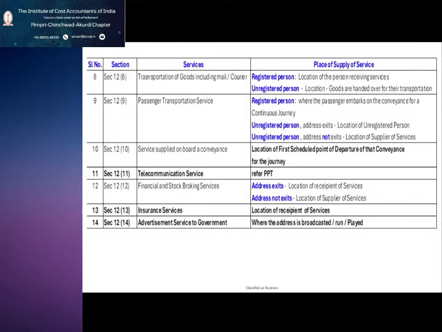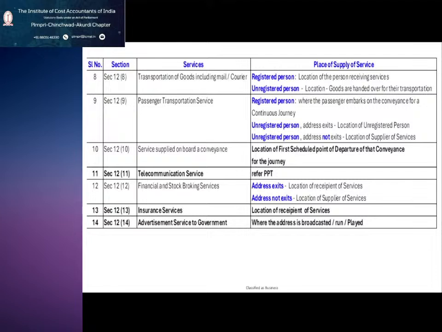Mr. Harsha, a registered stockbroker at BSE located in Mumbai, has clients in Chennai, Kolkata and Bengaluru. He purchases and sells shares for clients located in Chennai, Kolkata and Bangalore. Find the place of supply of service and GST liability.